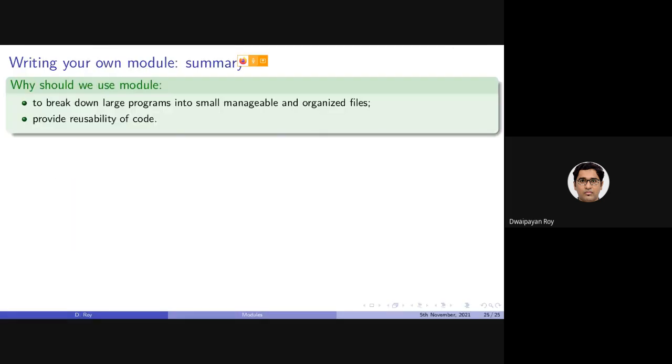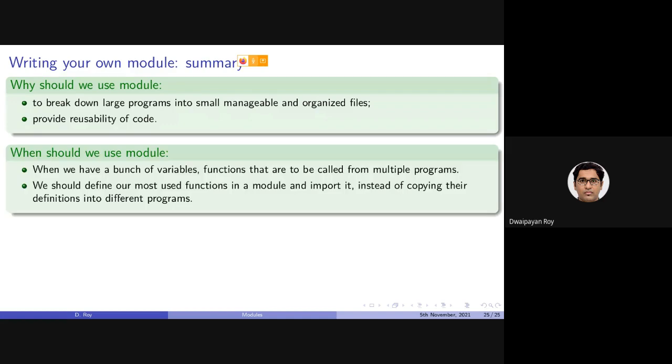Okay. So to sum the entire module thing up, first of all, why should we be using a module? The reason is to break down a large program into small and organized files. This will help us to reuse certain code. And when should we be using modules?